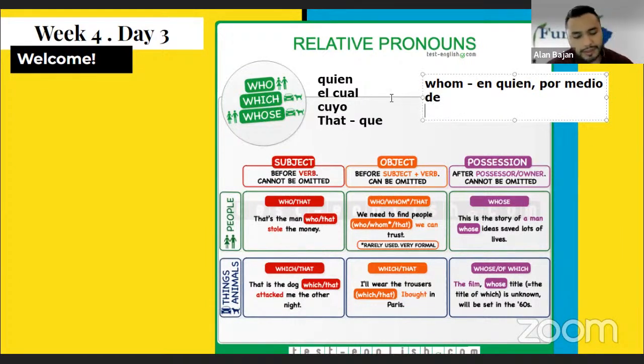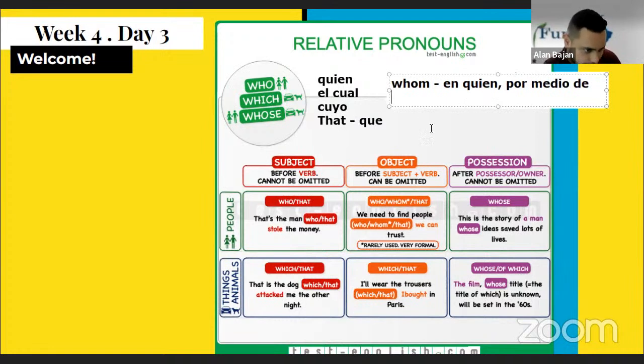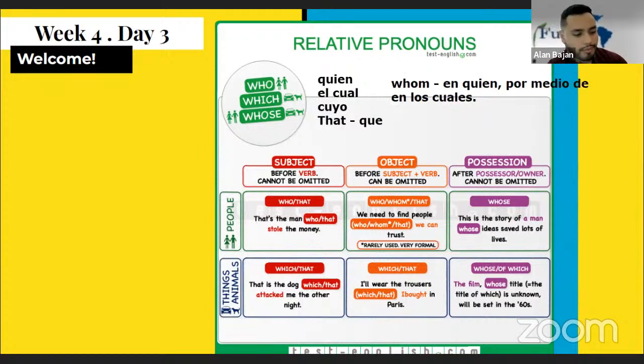We have this meaning for whom. But it is rarely used. You only find it in books. Whose?